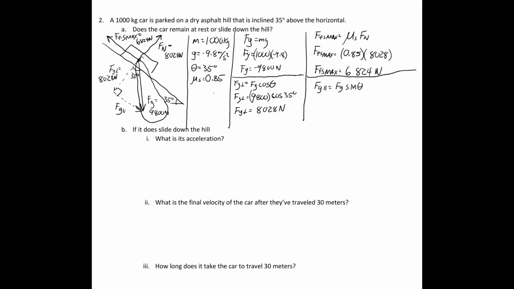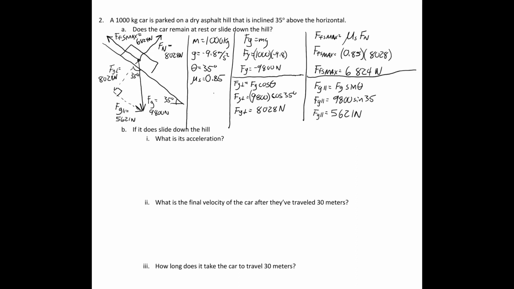Yes, you could use the Pythagorean theorem, but this is the physics way to do it. So F_g parallel is equal to 9,800 sine 35. It's the same every time, so it's good to get you into the habit of doing it. And you get 5,621 newtons pulling you down the hill.